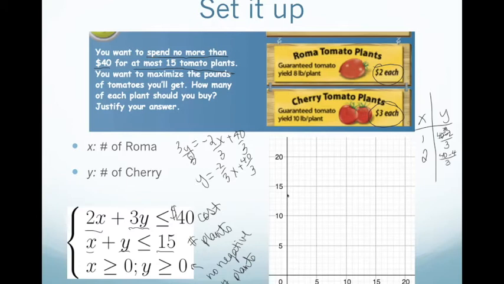That's 36 over 3, which is 12. So 2 comma 12. Now that we have a nice point, we can use that slope. Down 2 over 3, down 2 over 3, down 2 over 3, and keep going until we have our line.